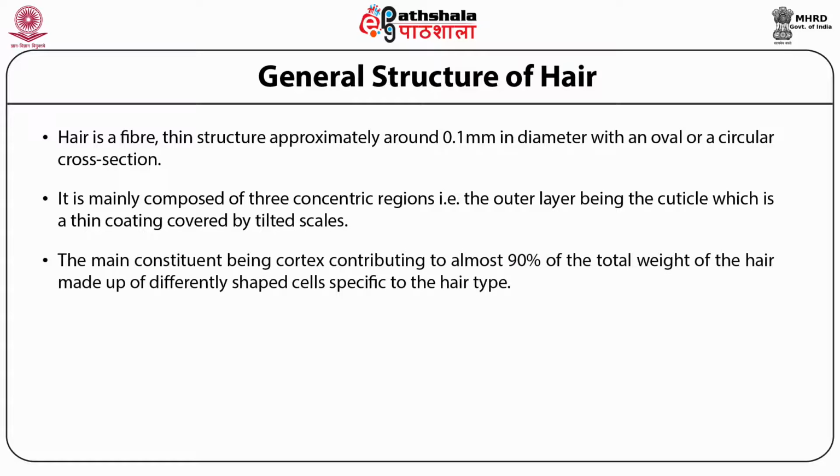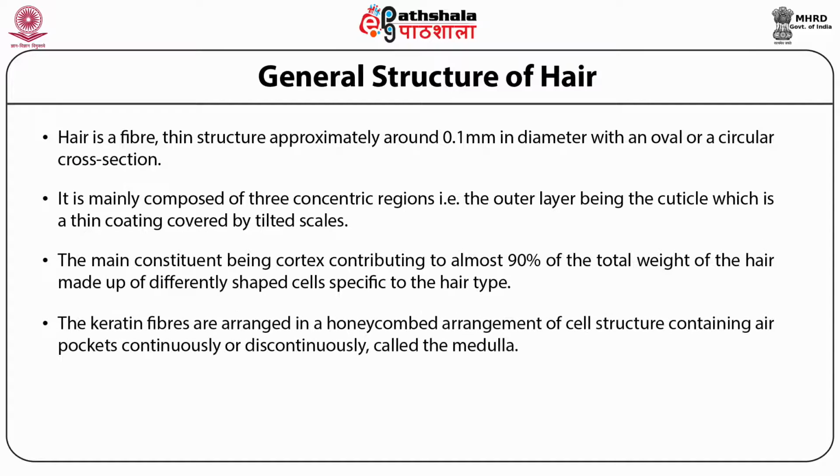The main constituent is the cortex, contributing almost 90% of the total weight of the hair, made up of differently shaped cells specific to the hair type, the keratin fibers.